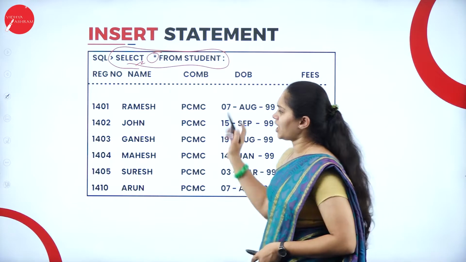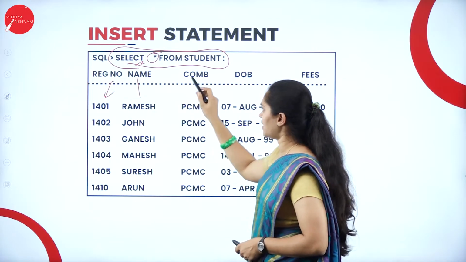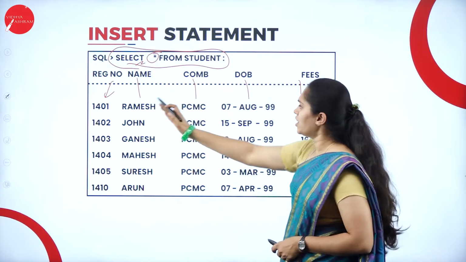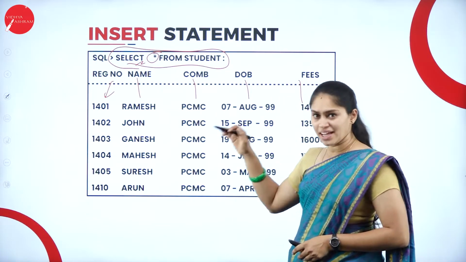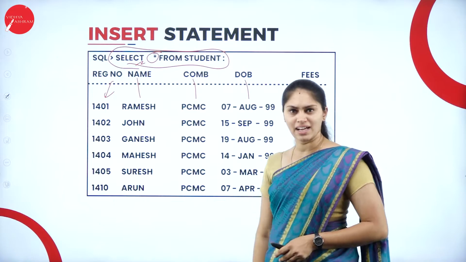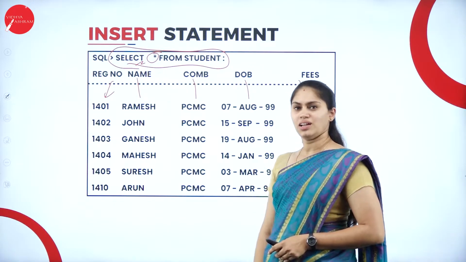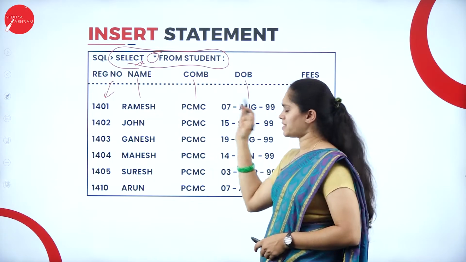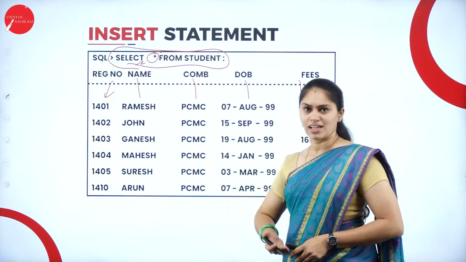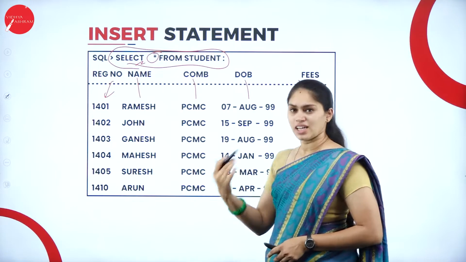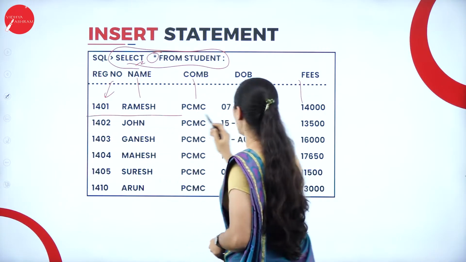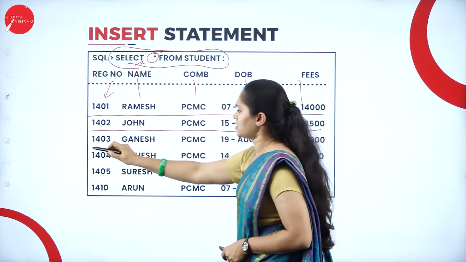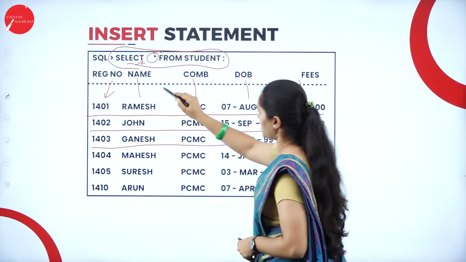For each we have to specify the register number, name, date of birth as well as fees. So we have 5 attributes here, and each attribute has its own data type along with certain constraints. Based on those constraints we have to specify the values or data, so that it reaches the table in each row. This is how the table will look once the insertion takes place.